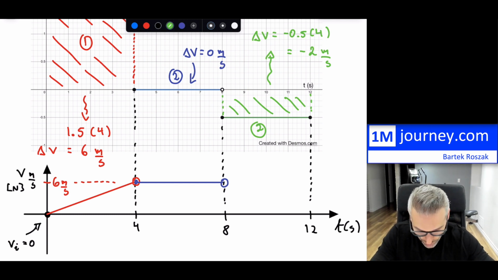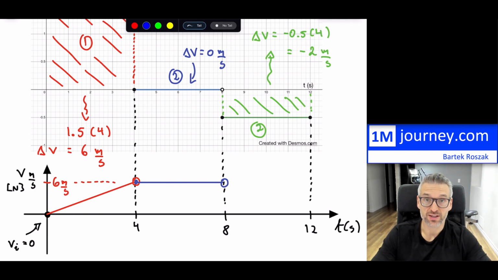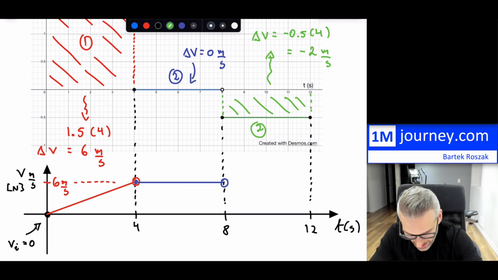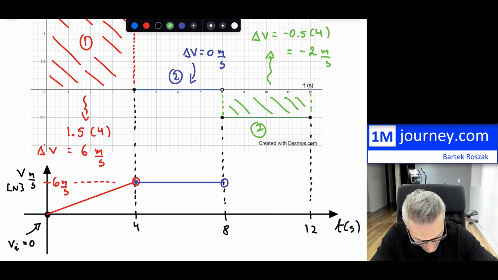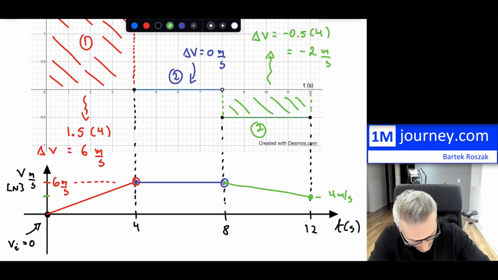So for this one, we're starting off with our initial at 6 meters per second and our change has been negative 2. Well, 6 minus 2 is 4. So it's going to end up at 4, right here. If you were plotting it over here, this is now going to be at 4 meters per second, and it's going to go all the way down.